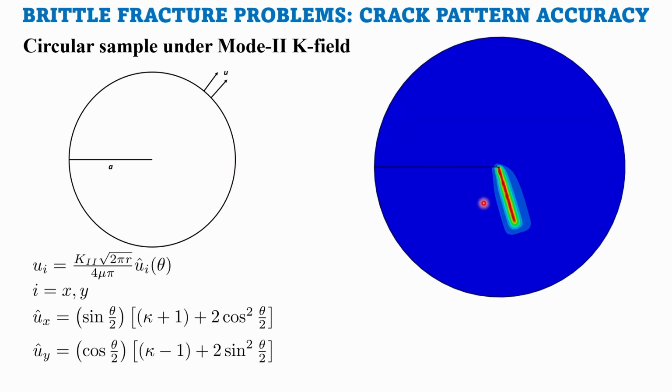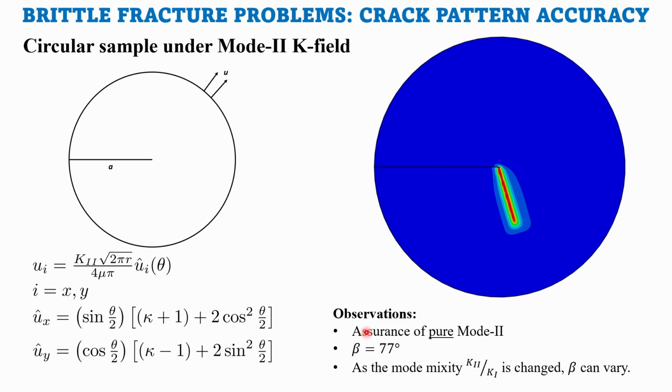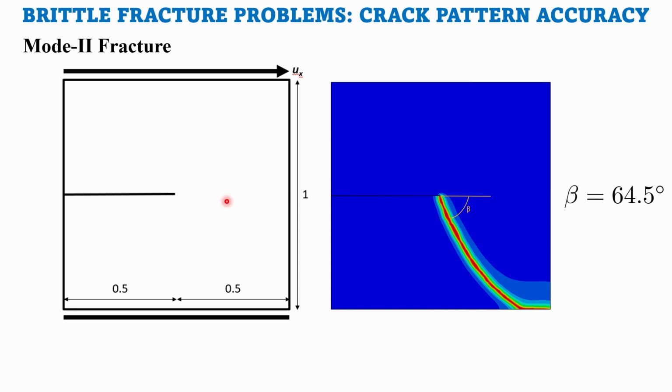So again, we saw a crack at an angle. We observed that beta, now we got an angle of 77 degrees. We were assured of pure mode 2. Why? Because in these kinds of problems, there is always a doubt whether we can achieve pure mode 2 or not. Because if you have a slight bit of mode mixity, this beta angle will vary.